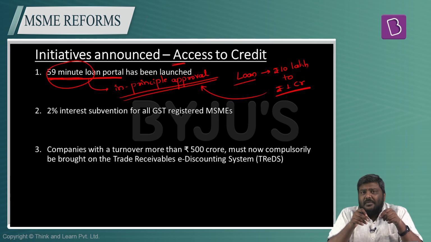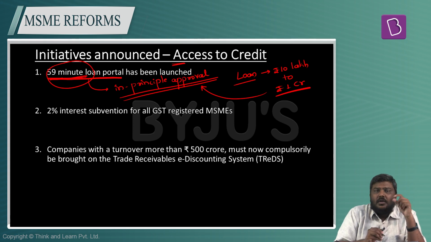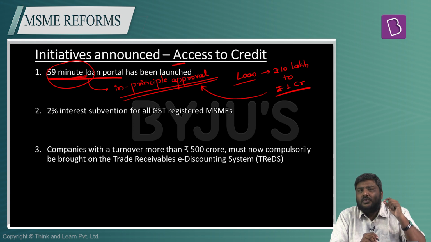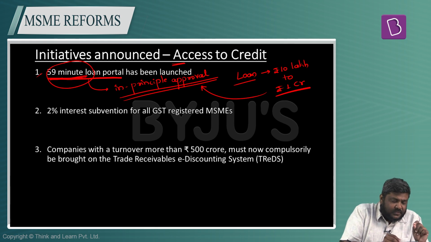And whenever the credit availability becomes very difficult, the borrowing will also be very difficult for the MSME sector. And as already mentioned, the MSME sector suffers from shortage of working capital. This reform will go a long way to ensure that there is sufficient credit availability in the MSME sector. That is the first reform.